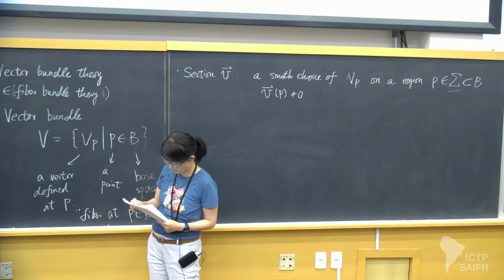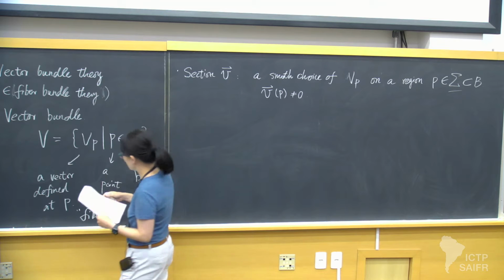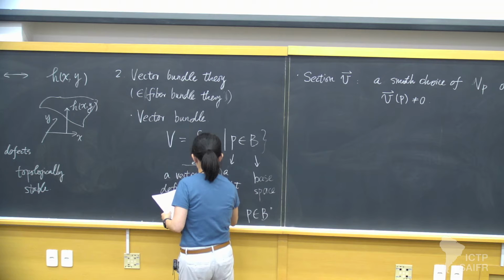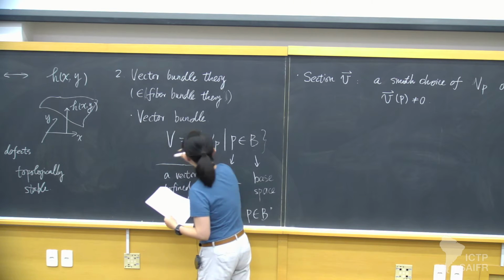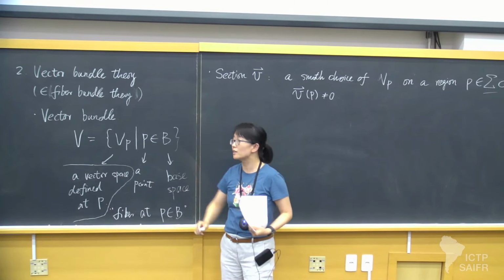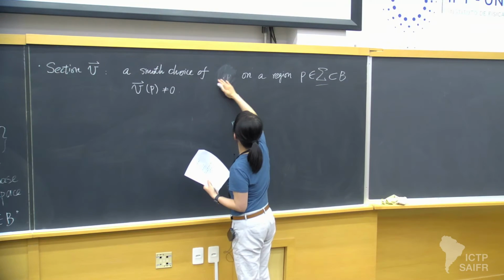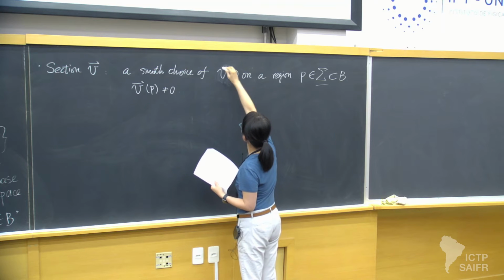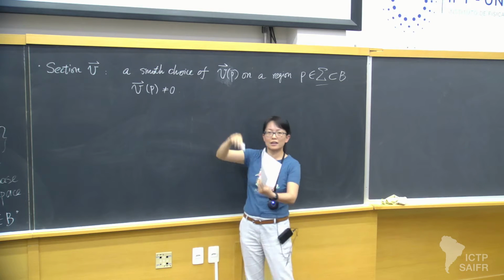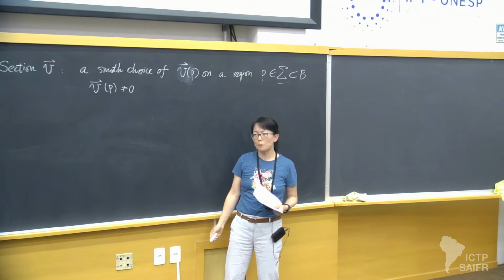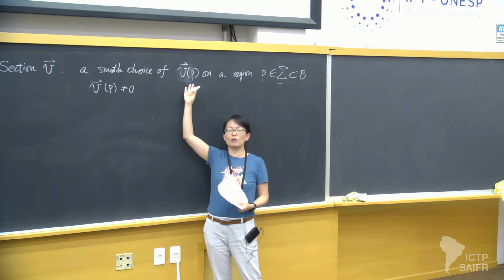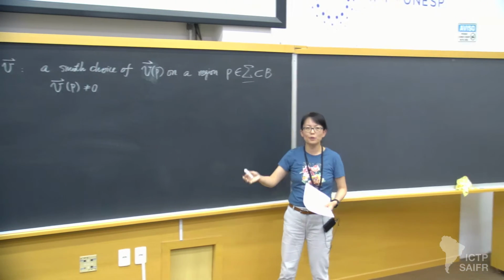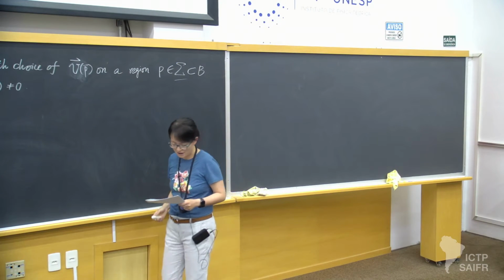Okay, let me see if I write it. A vector space, sorry, to be more specific. So this V_P is a space of vectors, and this V, sorry for the confusion, this V is a vector in that vector space, okay? So I choose a particular value of vector in that space. So with some examples, it's going to become more clear, okay?